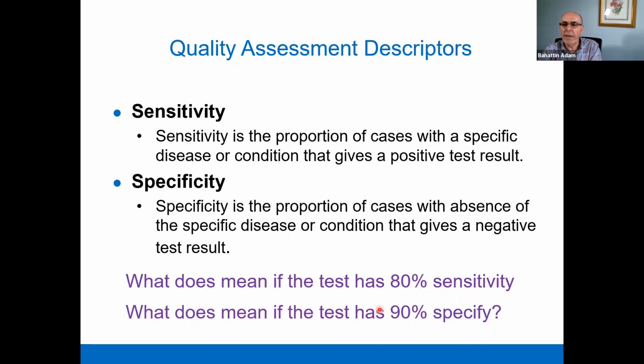If you perform the same test in the healthy population, and about 90% of tests were negative because they are healthy, the specificity of your test is 90%.